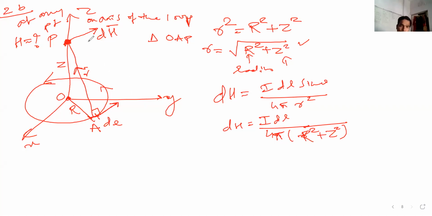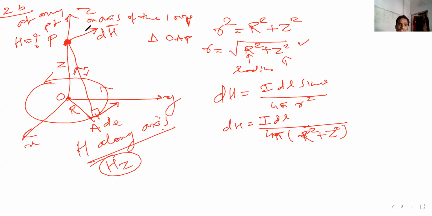Now this is dH, but what I want is H along the axis. That means I want the z component of H. This is dH. Now what I wish is to get dHz, in this direction.